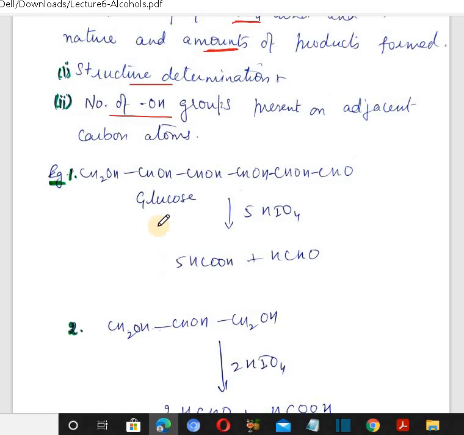Example, suppose we take glucose as an example. In this 6 carbons are present, 5 carbons have OH groups and on the last carbon an aldehyde group is present.